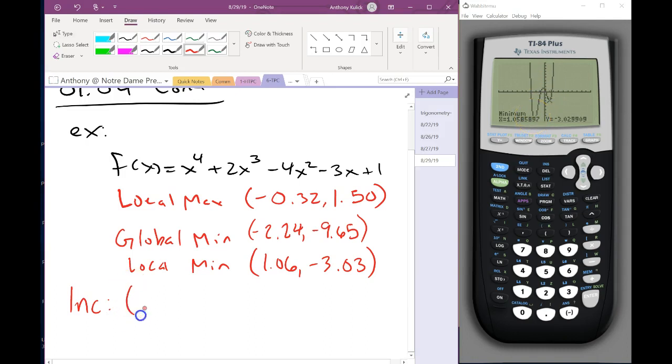So that interval goes from negative 2.24, the global minimum, to the local maximum. So that would be negative 0.32. And I'll write my union because there's more than one increasing part. I also have an increasing part right here. Everybody agree with that? That starts from the local minimum and goes to positive infinity.